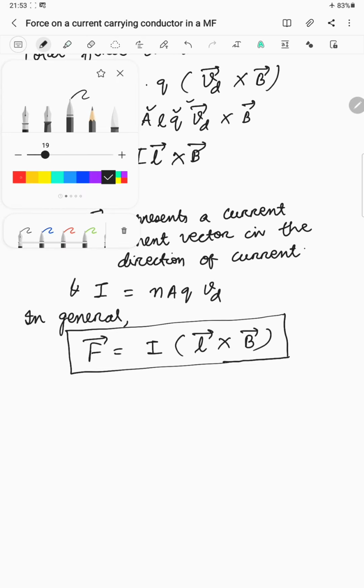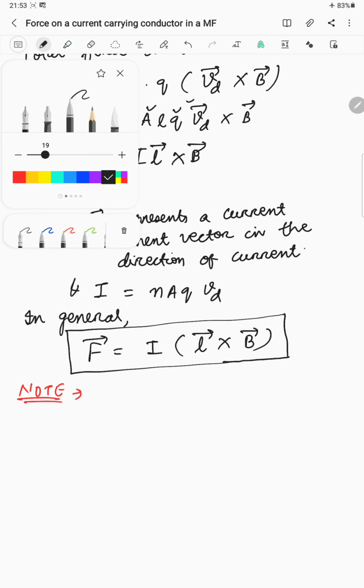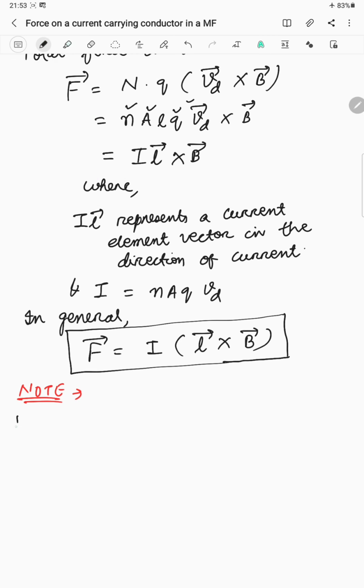Apart from this expression, there are a few things we should note, which will be required while solving problems. The first point: if theta is equal to 0 degree or 180 degree, what will happen to the force? Because cross product means sin theta, and sin 0 is 0, so force will be 0. That means no force will act on the conductor.